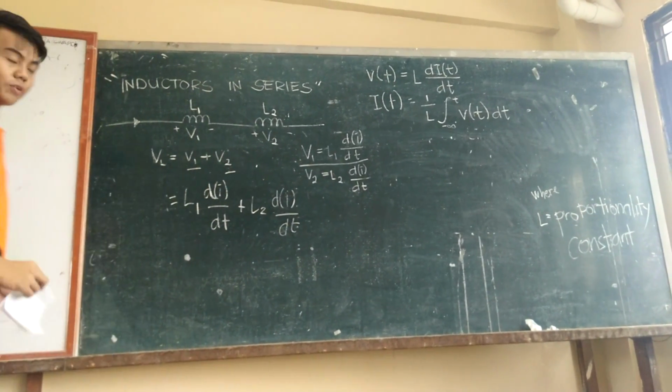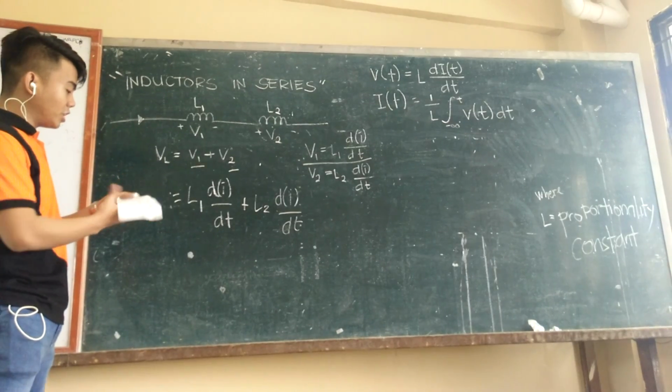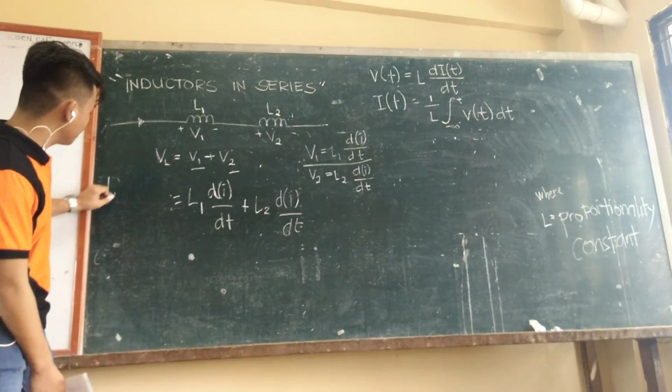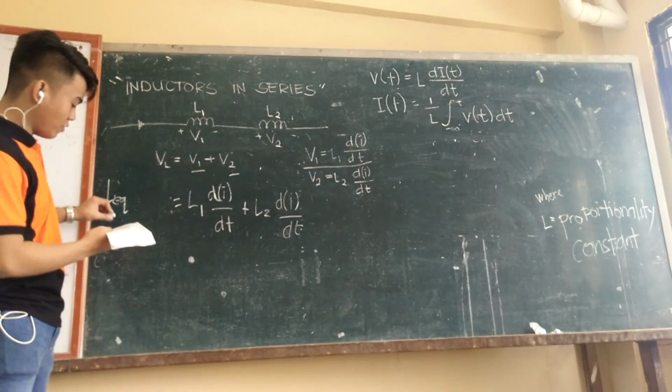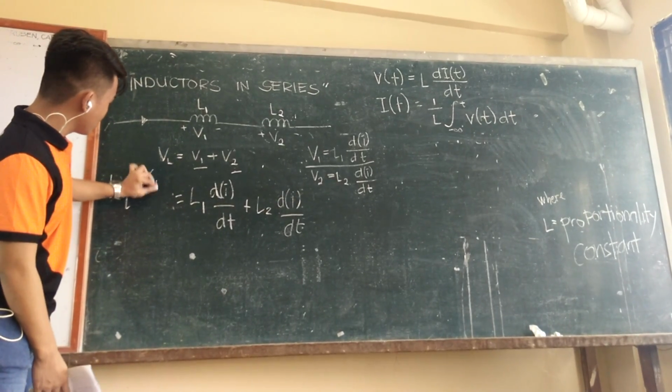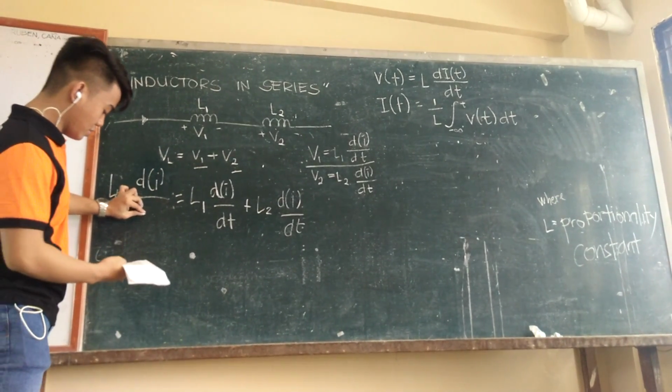For the total voltage, it will become L equivalent times di over dt.